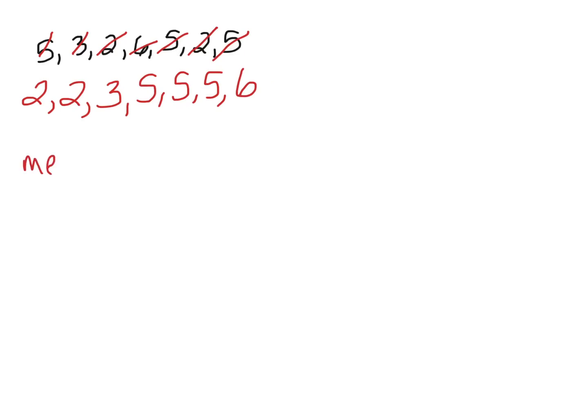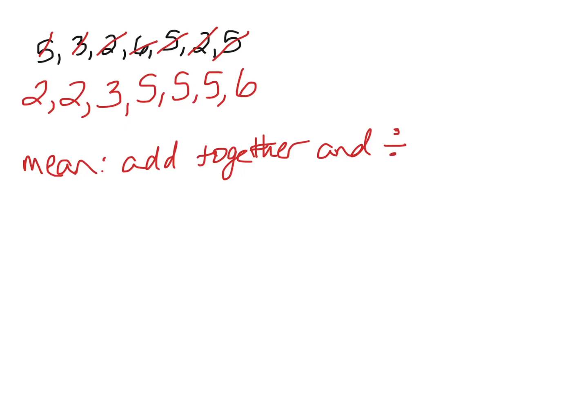So to find the mean, we need to find the average of these numbers. So we're going to add them all together and divide by the number of values. Okay, and you can use your calculator for this.